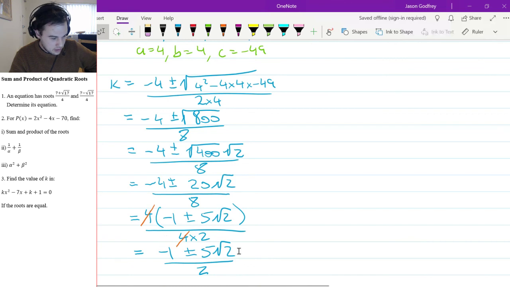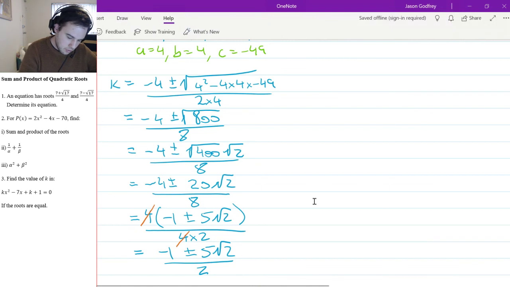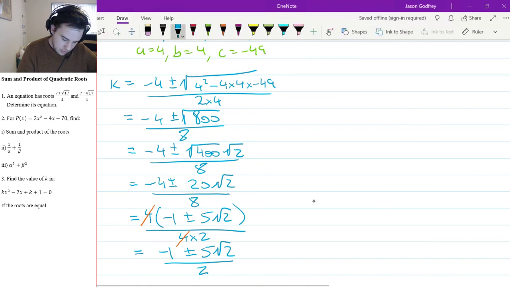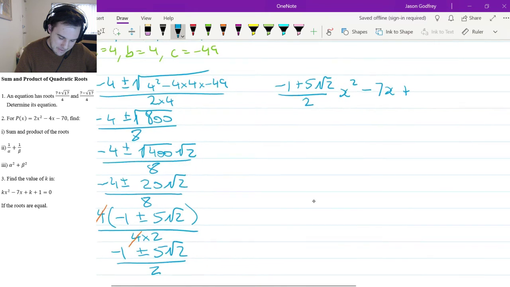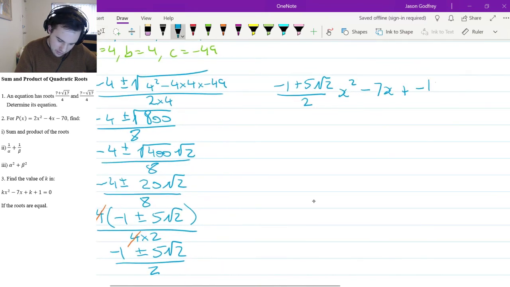So this big clunky value here, if we connect this back to the original question, if you were to go negative 1 plus 5 root 2 on 2, so that's k, in x squared minus 7x plus k equals 0.